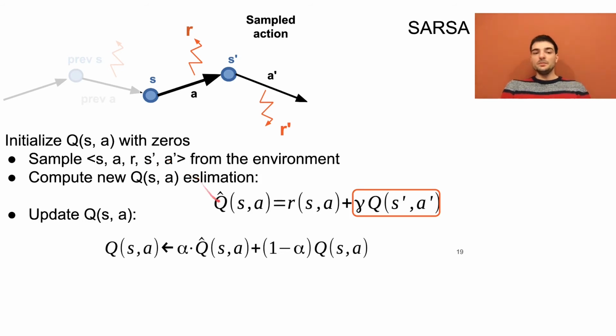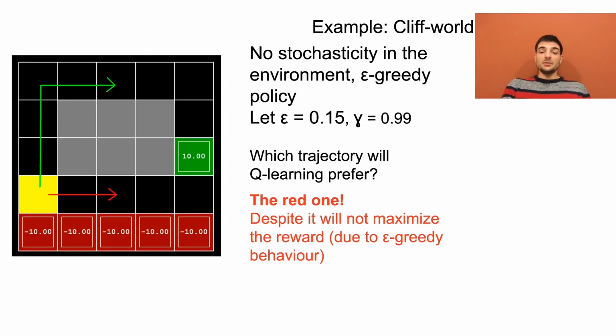So our update rule, our estimation, is now not taking the maximum into account. Instead of that, we just sample an action from our policy and use it. And getting back to the cliff world, if you take a look at SARSA, you will see that the Q function in here will be much lower this time, because according to our policy, which is still epsilon-greedy, the agent now has some probability to jump into the flames and get a negative reward.